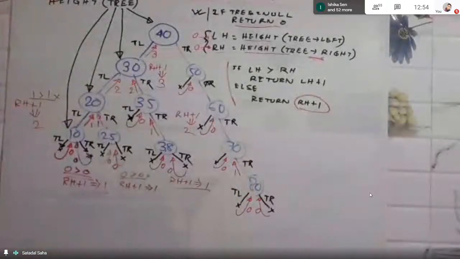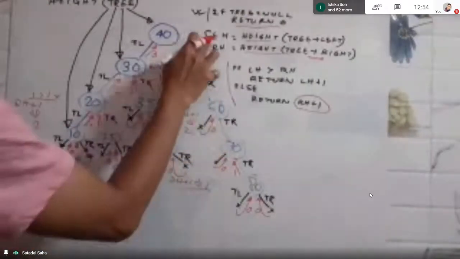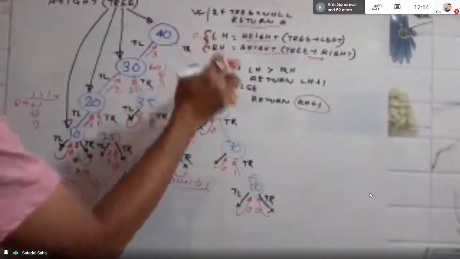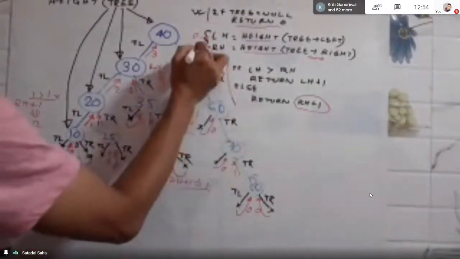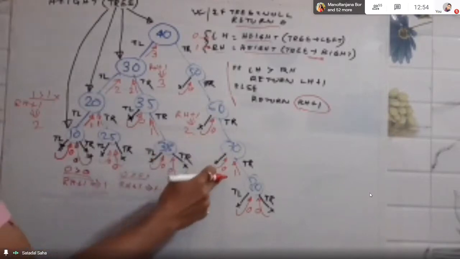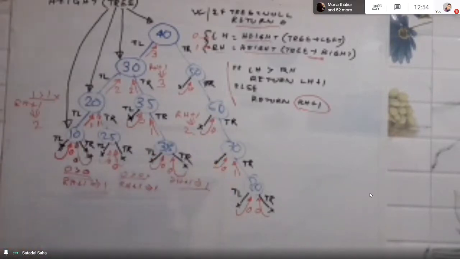Now 70 has already got LH as 0 and it is getting RH as 1, because it is returning back from 80. So sitting at 70, its LH is 0 and RH is 1.